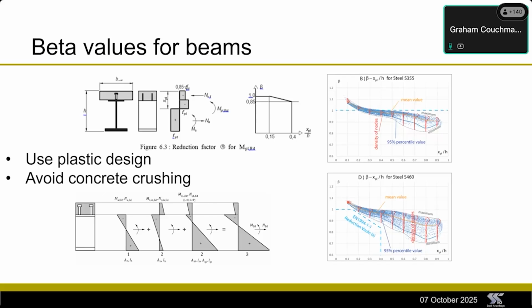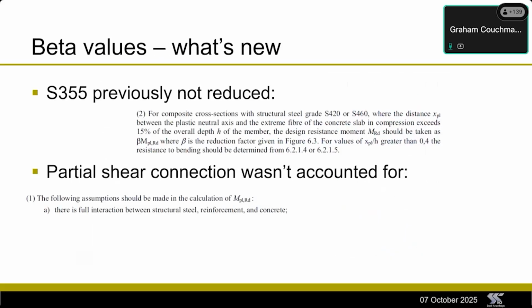If it was S460 steel at 0.25, you're on about 0.95 for your beta factor. So really, for most beams that you're going to get in a building, the reduction because of that phenomenon is hardly worth bothering about. A bit of extra work and hardly any benefit.